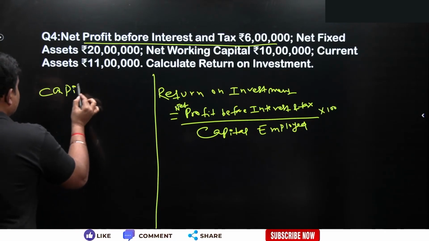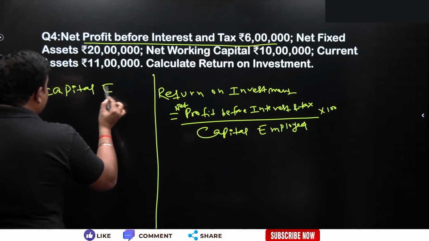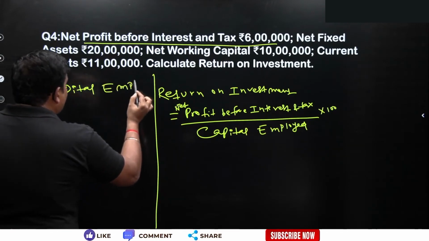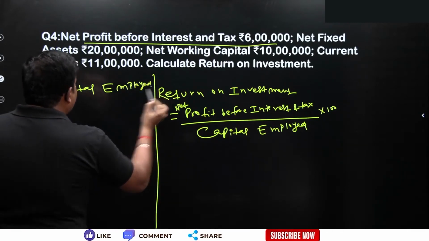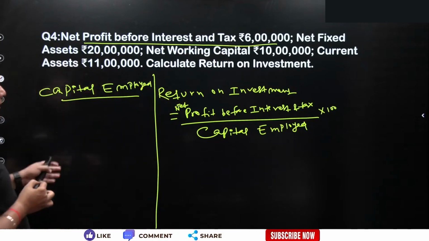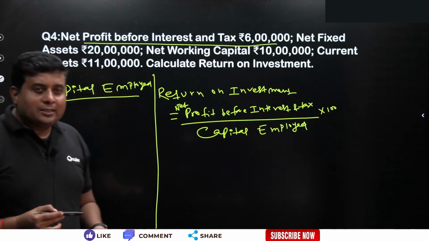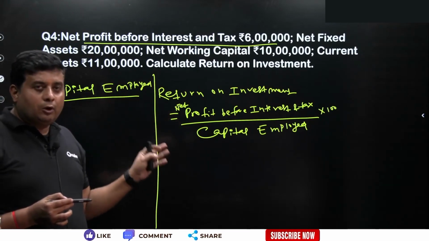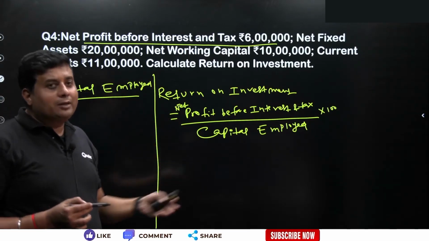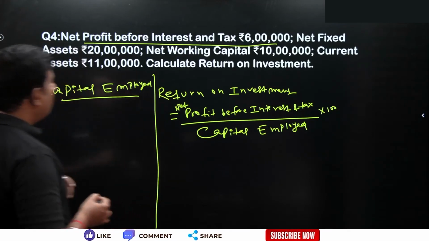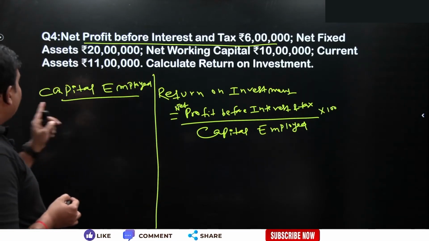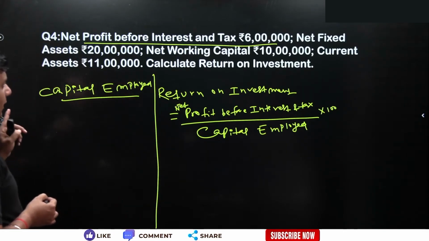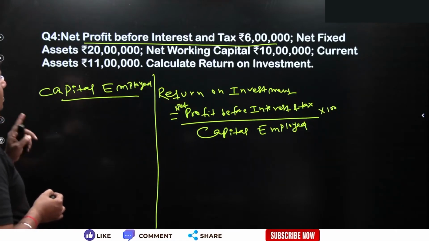As I mentioned, capital employed can be calculated in two ways, either the asset side approach or the liability side approach. In this question we can take the help of the asset side approach because all the information is given to calculate the capital employed. The formula is net fixed assets, net non-current assets, plus working capital.